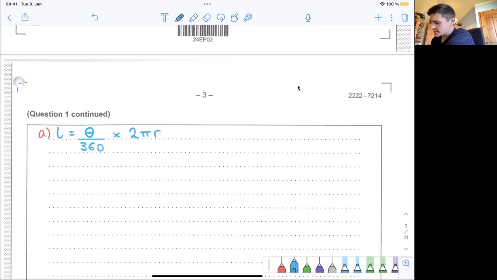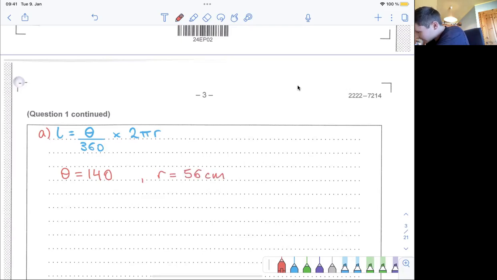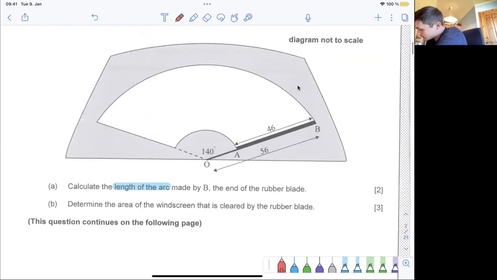I will stress that theta has to be in degrees for this, and r stands for the radius of the arc. We were told in the question that theta is equal to 140, and r is equal to 56 centimeters, because we're going from O to B. So we need the full length of the metal arm, which is 56 centimeters.